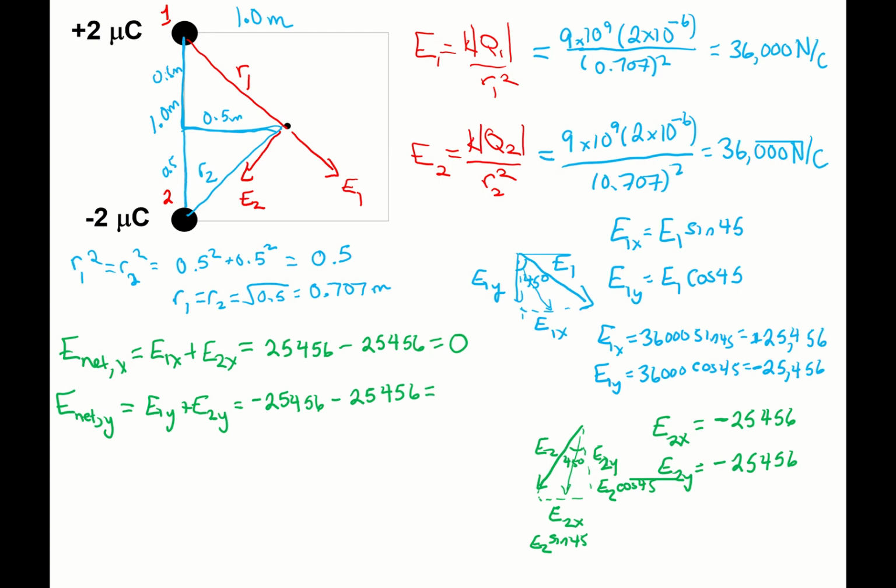So I'm going to get a net negative 50,912 newtons per coulomb. What's the direction? We've got no x, we've got all y, and I should put a minus sign in front. The direction is straight down.